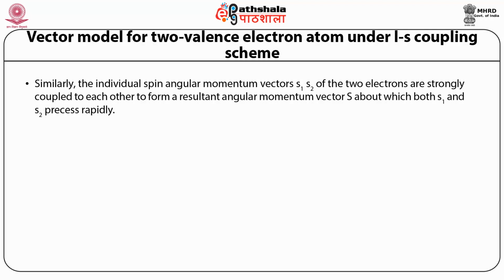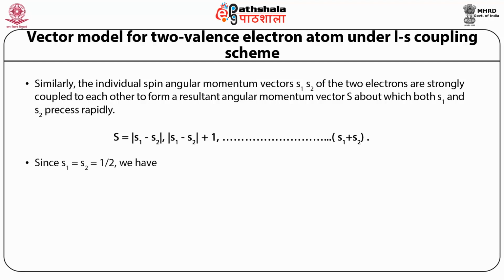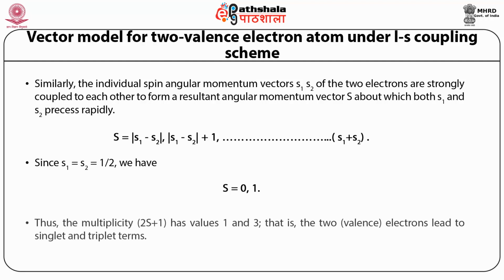The quantum number S can take the values S = S1 - S2, S1 - S2 + 1, ..., S1 + S2. And since S1 and S2 are equal to 1/2, we have S equal to 0, 1. Thus, multiplicity 2S+1 has values 1 and 3, that is, the two valence electrons lead to singlet and triplet terms.